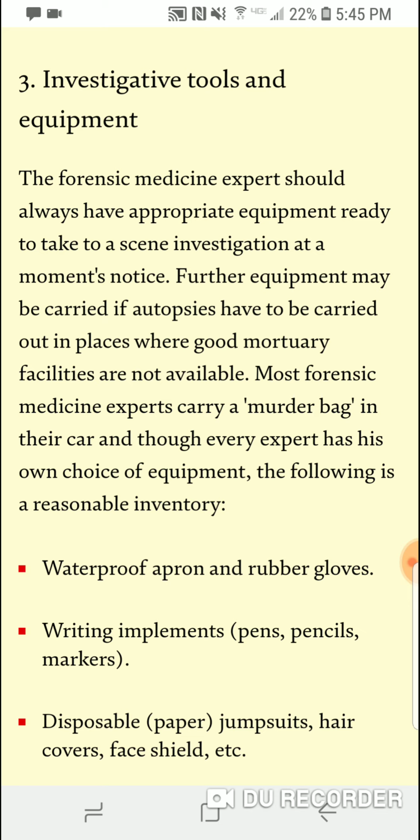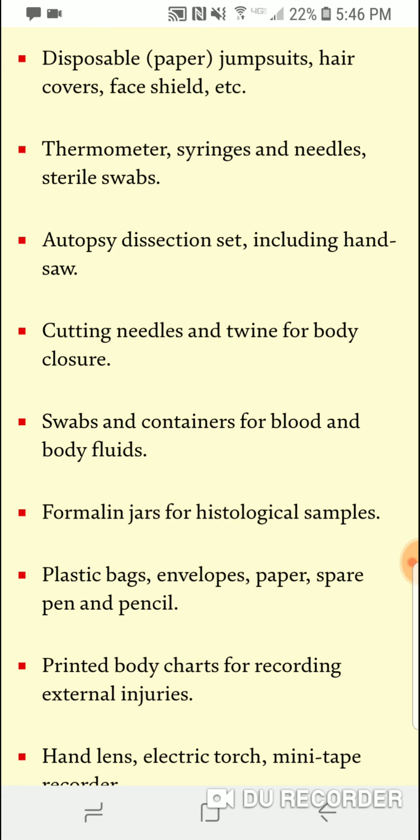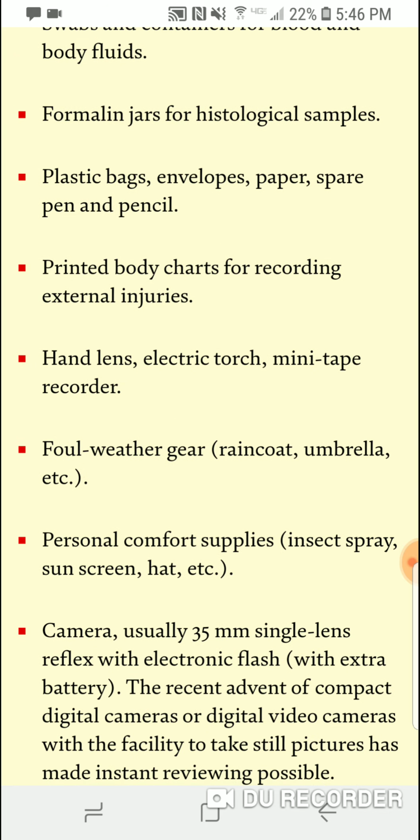Goes into investigative tools and equipment. They should have waterproof apron and rubber gloves, writing implements, which is pens, pencils, markers, disposable jumpsuits, hair covers, face shields, a thermometer, syringes and needles, sterile swabs, autopsy dissection set, including a handsaw, cutting needles and twine for body closure, swabs and containers for blood and body fluids, formalin jars for histological samples, plastic bags, envelopes, paper, spare pen and pencil, printed body charts for recording external injuries, hand lens, electric torch, mini tape recorder, foul weather gear.